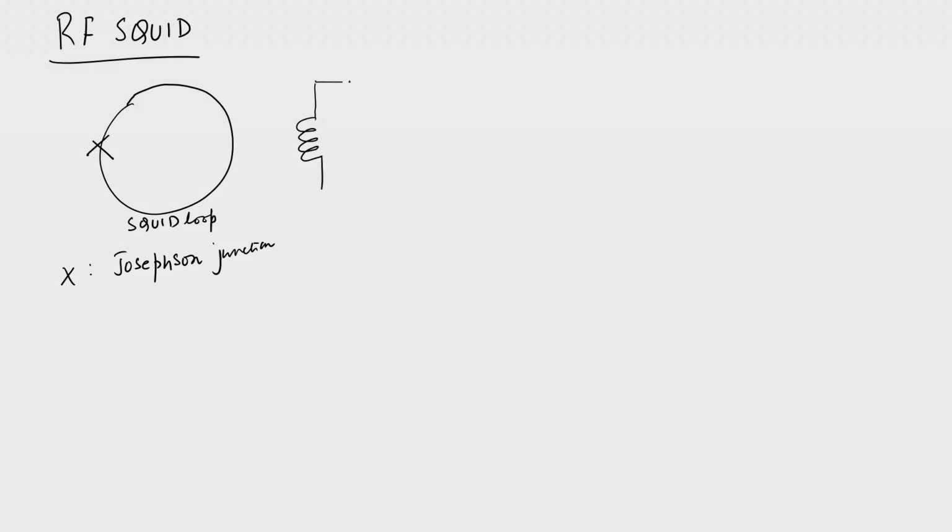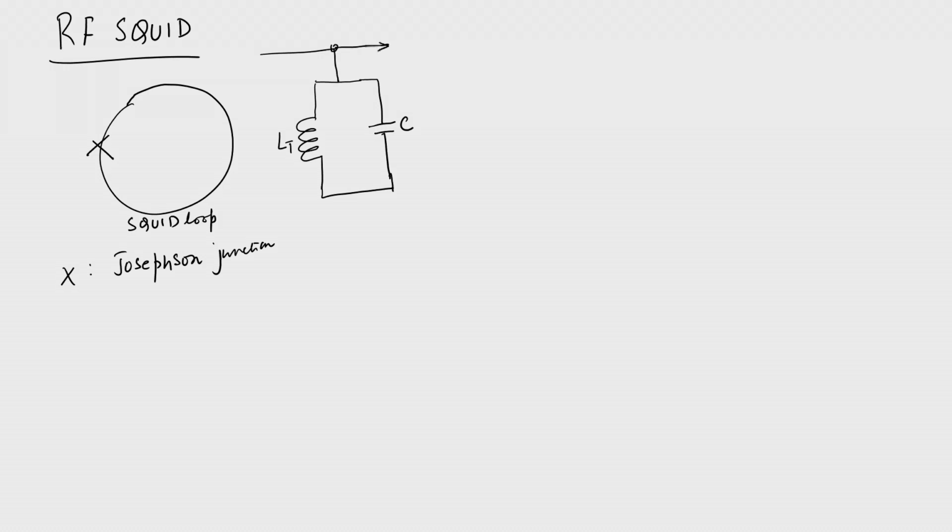The word tank means something that can store energy, just like a water tank can store water. So, this is the tank circuit, which is an LC circuit. There is an L, let us call it LT, T for the tank, and there is a capacitance there.